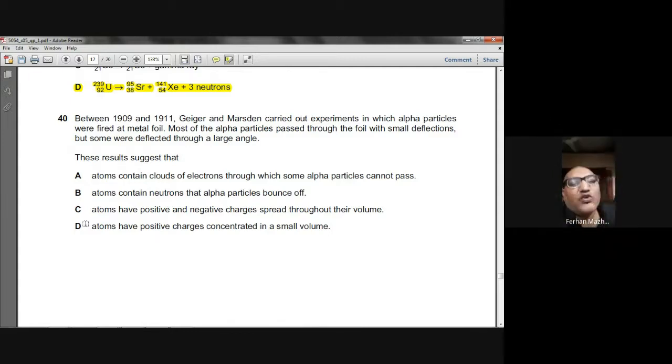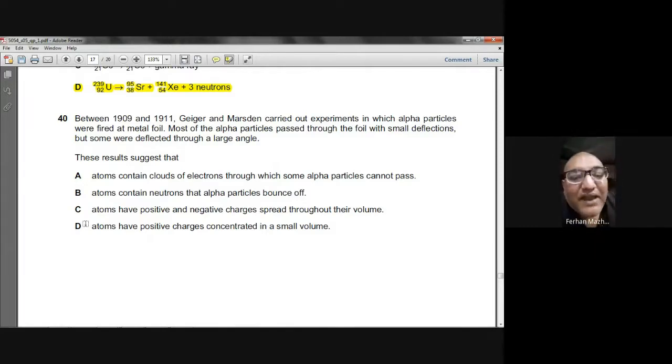What they did, they took a very thin gold foil, and they bombarded alpha particles on it, and what they observed was that most of the alpha particles went straight through it, like nothing came in their path. There was gold foil in their path, but the alpha particles went straight through without any deflection. Few of them were deflected at a larger angle.